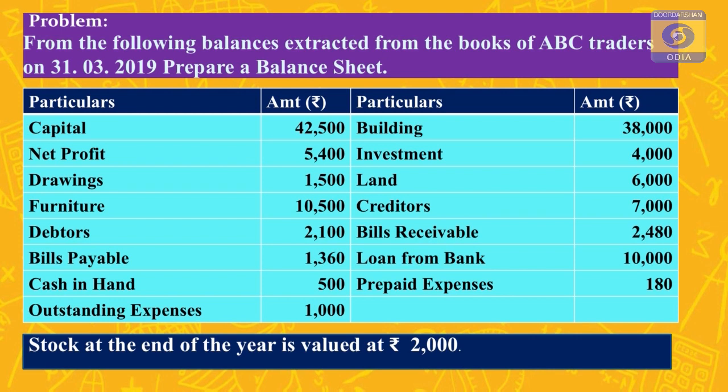Capital 42,500, net profit 5,400, drawings 1,500, furniture 10,500, debtors 2,100, bills payable 1,360, cash in hand 500, outstanding expenses 1,000, building 38,000, investment 4,000, land 6,000, creditors 7,000, bills receivable 2,480, loan from bank 10,000, prepaid expenses 180.